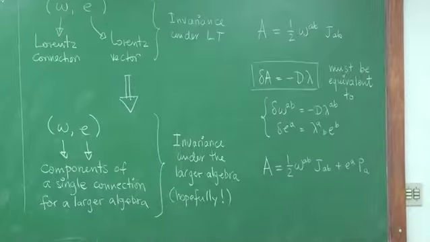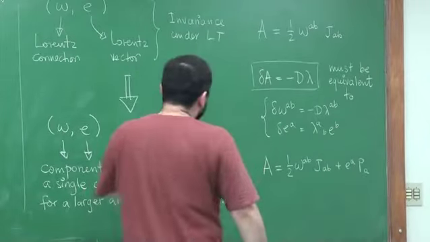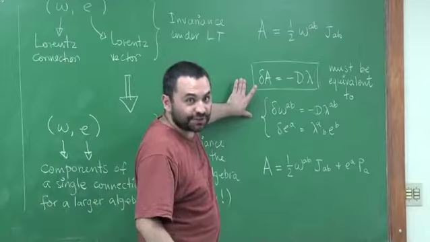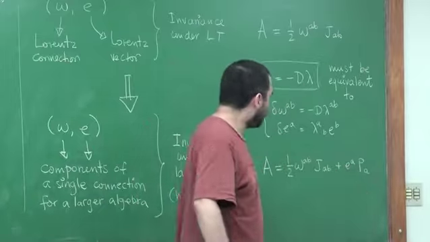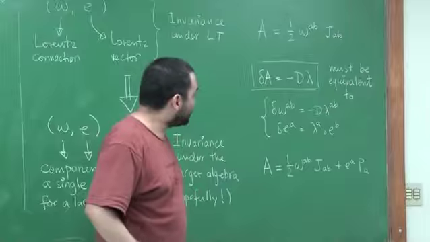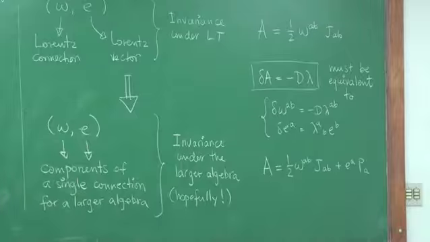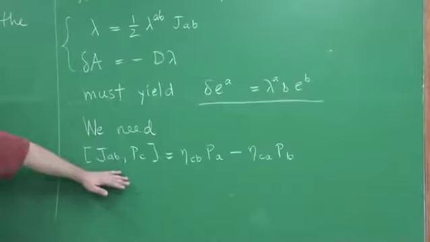That's the goal. And this puts conditions on what these new generators are. And if you do the calculation, you find that these new generators have to be Lorentz vectors in this sense.